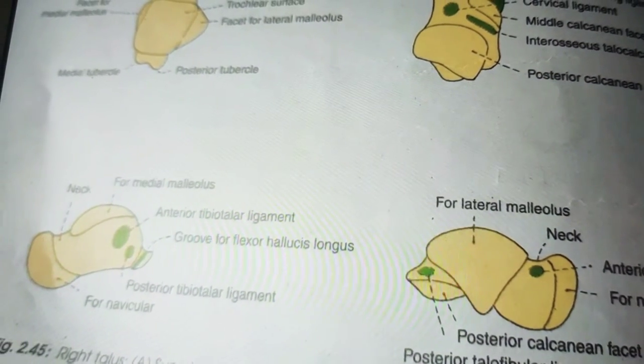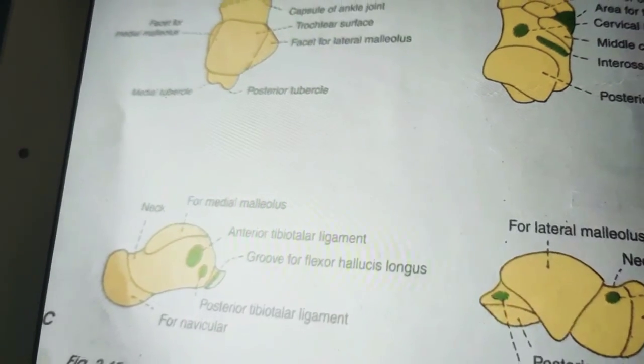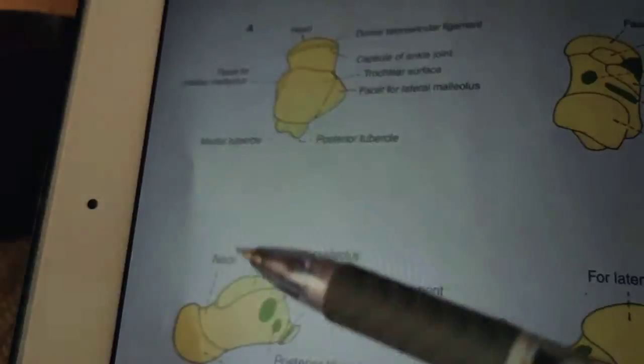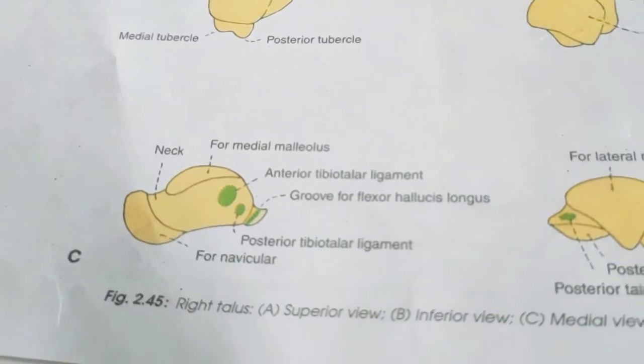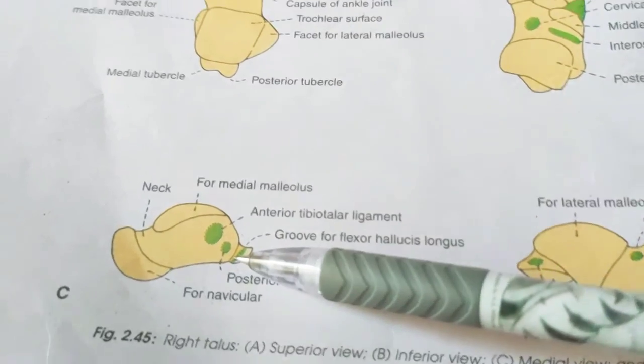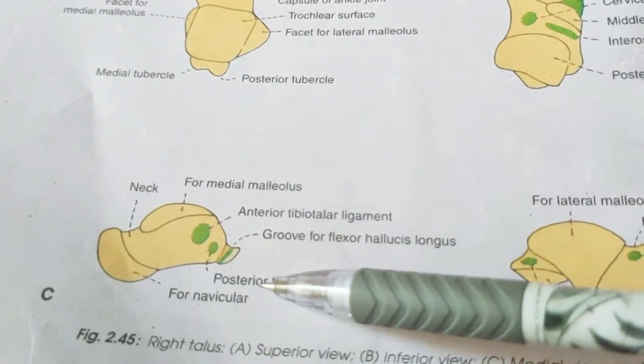Now let us move on to the ligaments which are present on the body. So coming to the lower non-articular part of the medial surface of the body, here you can observe it mainly gives attachment to the deep fibers of the deltoid ligament.